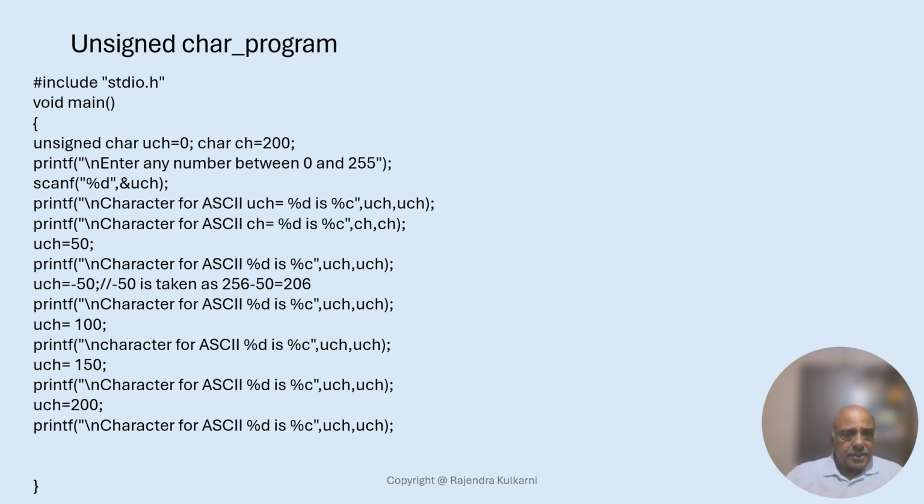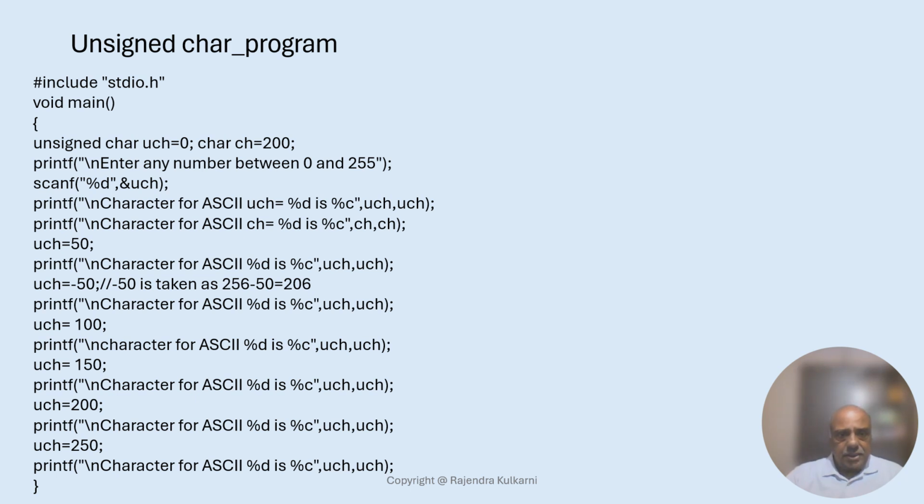One is unsigned char, the other is a signed char. Then we are asking the user to input any number between 0 and 255. That number will be stored in the variable UCH.